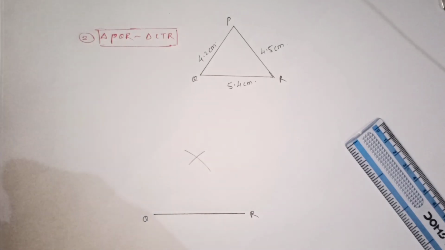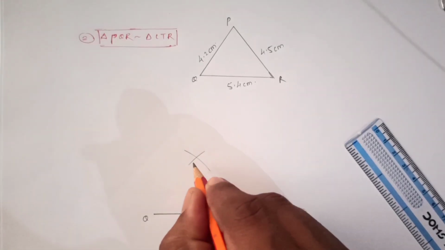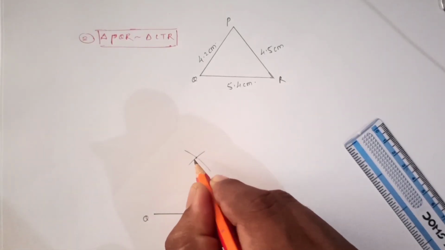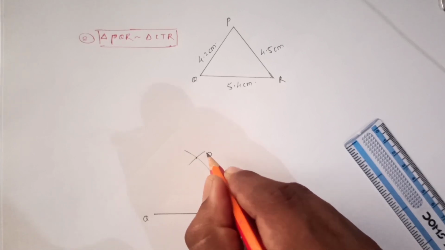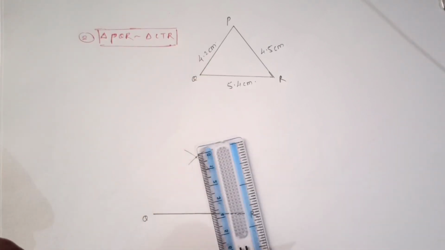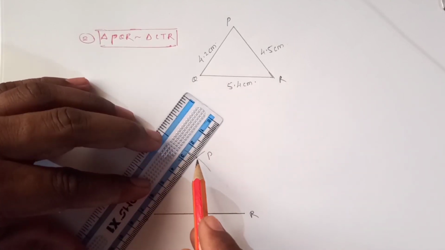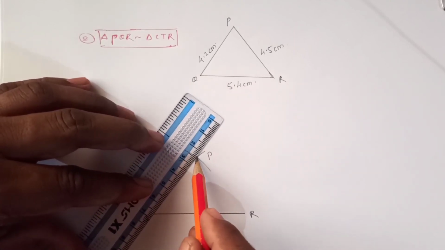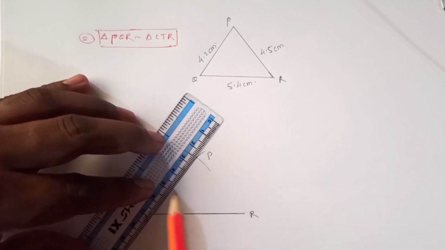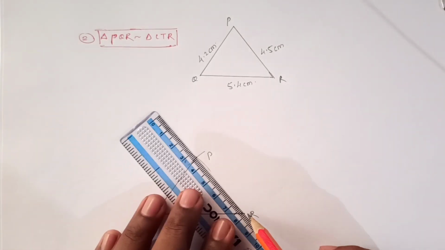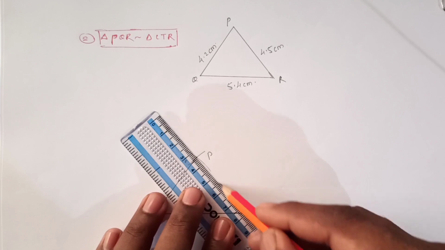Look at the point of intersection of these two arcs. This is the point P. Let's join Q and R with P.